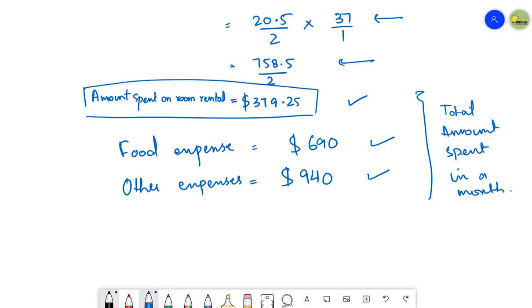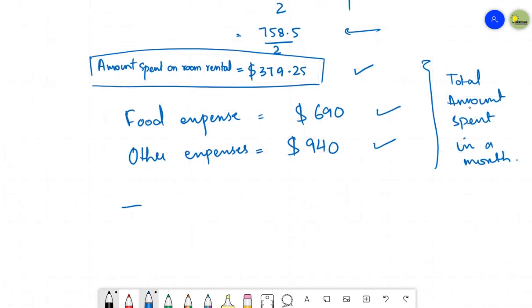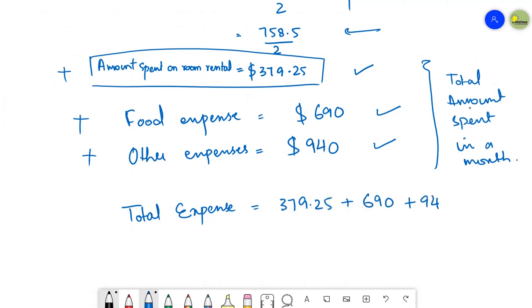Okay, and in order to calculate the exact total amount, we can add these values to find the total expense. Right? Total expense can be calculated by adding these three values: 379.25 plus 690 plus 940.